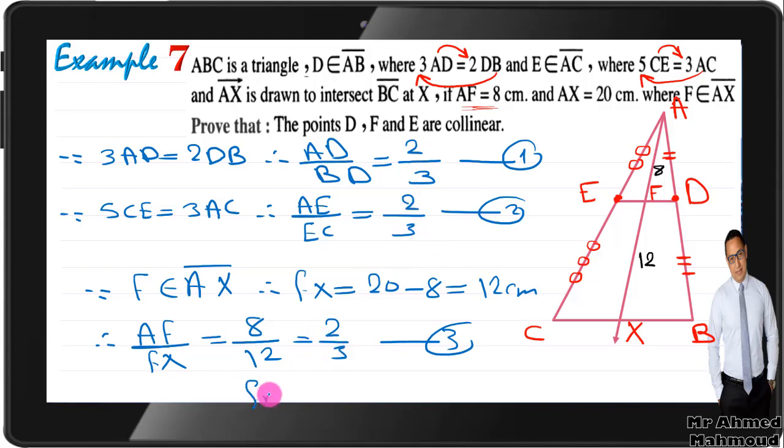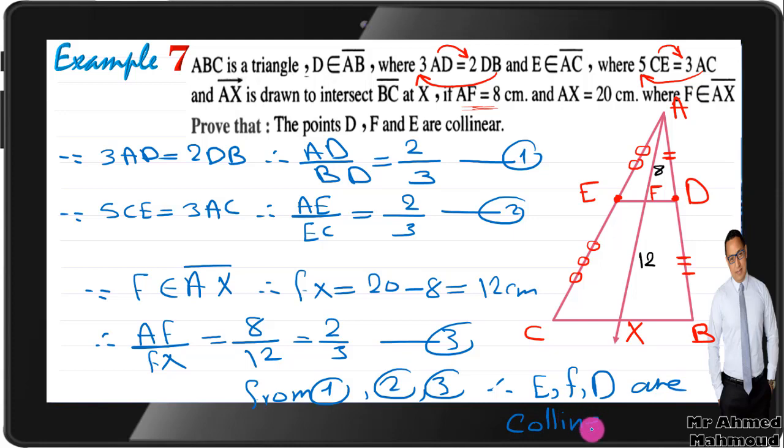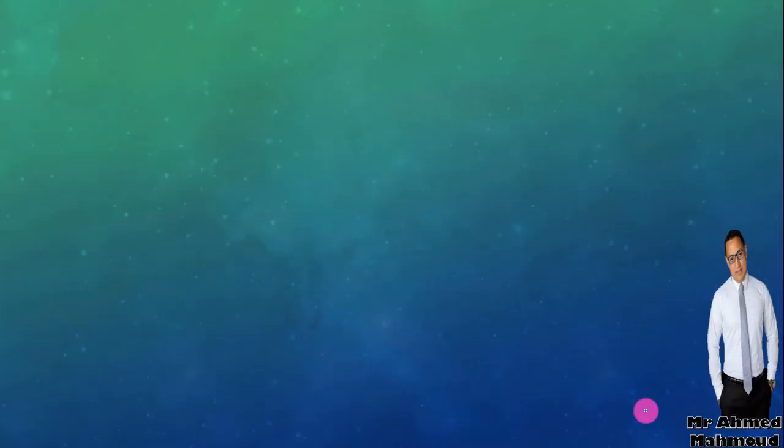From 1, 2, and 3, therefore E, F, D are collinear. The next question.